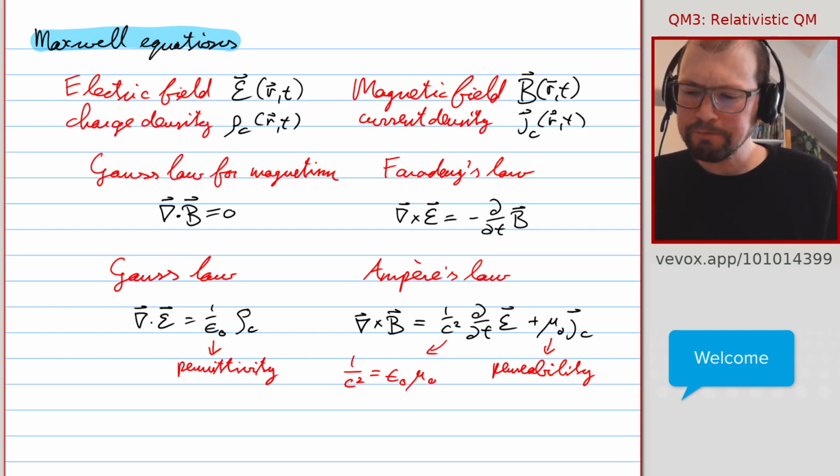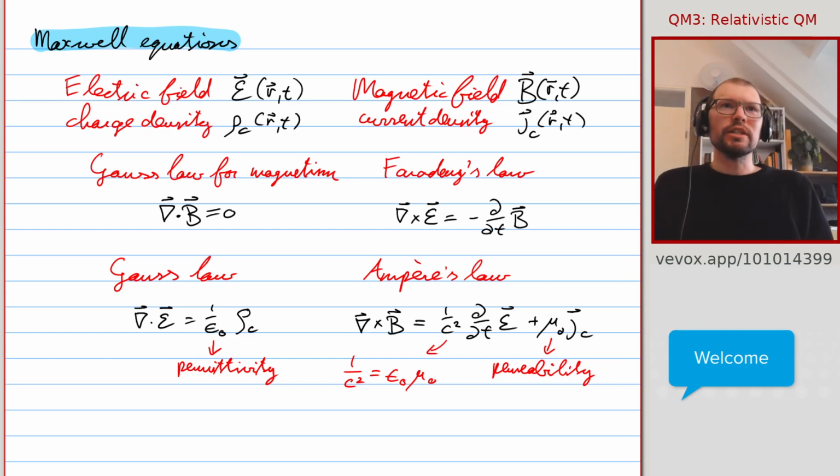Okay, so we have 4 equations here, but we'd like to see one wave equation. So we certainly want to bring this back to a simpler form for our purposes. So what is the first step that we always do to get rid of 2 of these equations? Well, it's by introducing a scalar potential and a vector potential that we've already seen last week.